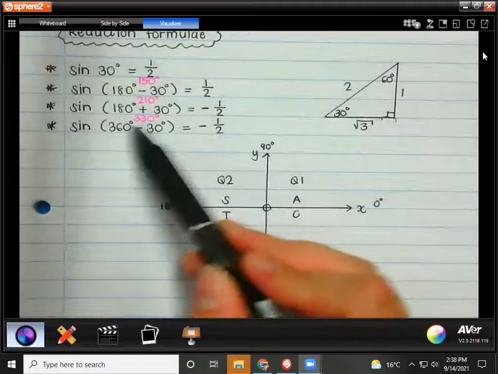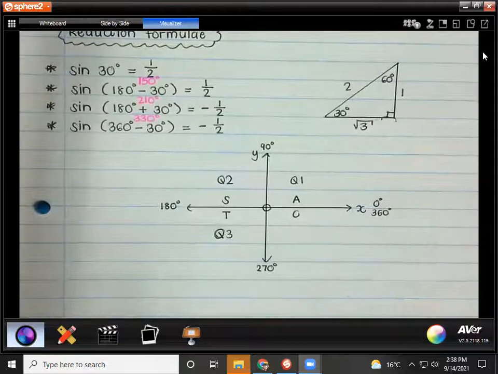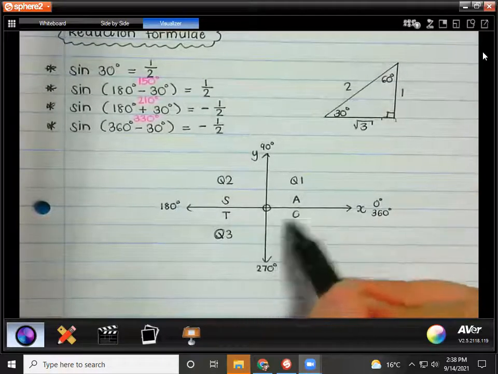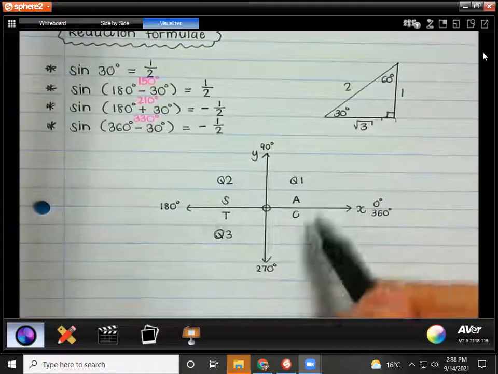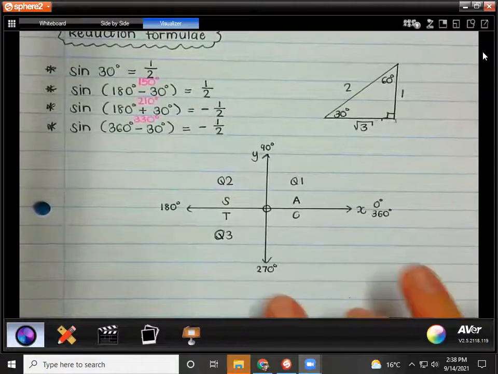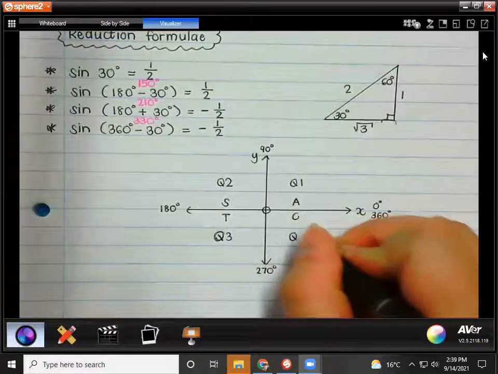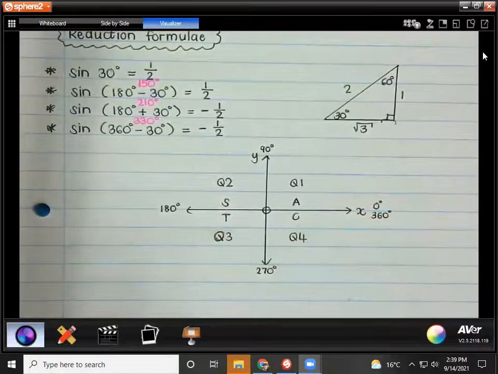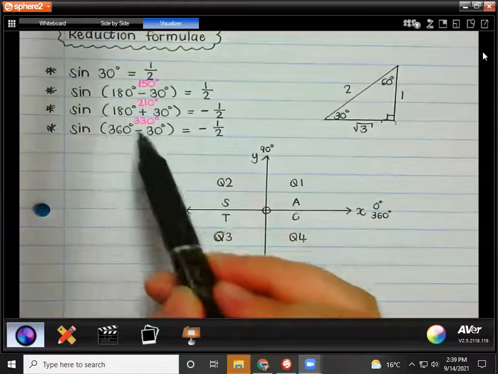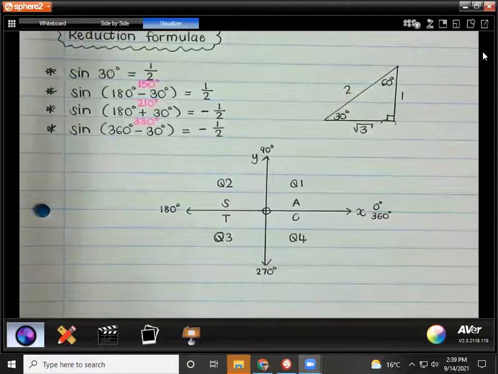360 minus 30, 330 degrees. This is not only 0, but that is also 360, right? If you go all the way around, you end up at 0, but you also actually end up at 360, all right? It's the same place. So any angle between 270 and 360 is in the fourth quadrant. So 330 would lie in that quadrant, right? 330 is between 270 and 360.